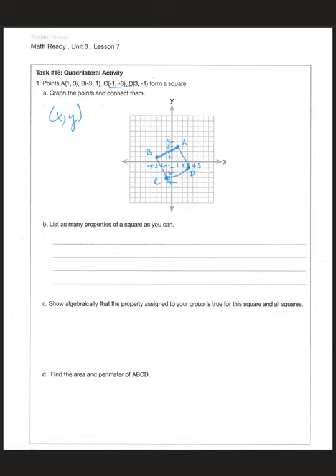Okay. List as many properties of a square as you can. All 4 sides are equal. Let's see what else. 4 right angles.